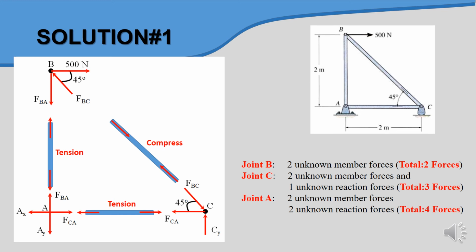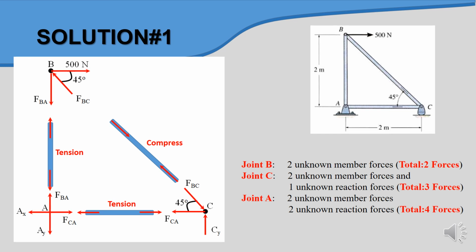Actually, we have several methods to solve this problem, but first I would like to show you a simple method, and then another method. For this method, we need to analyze each joint.